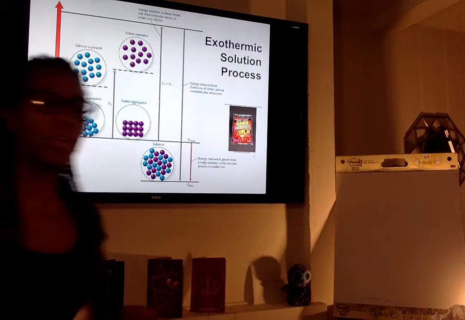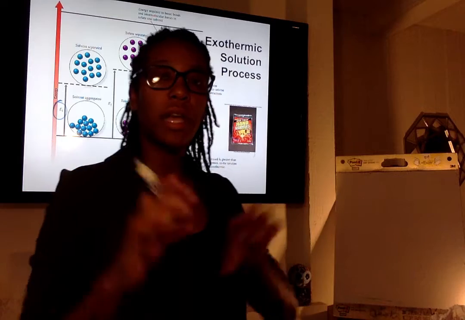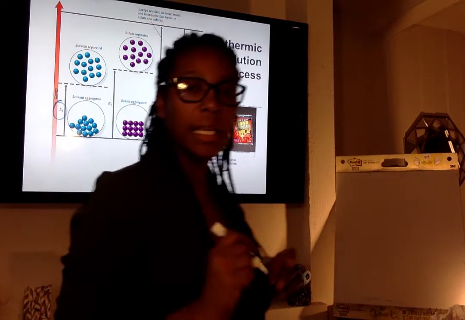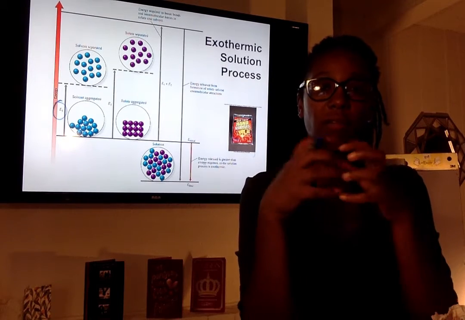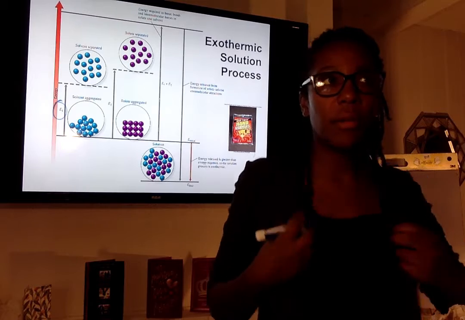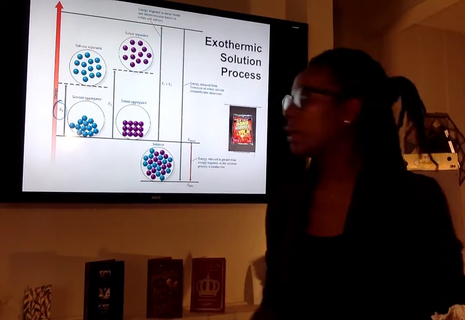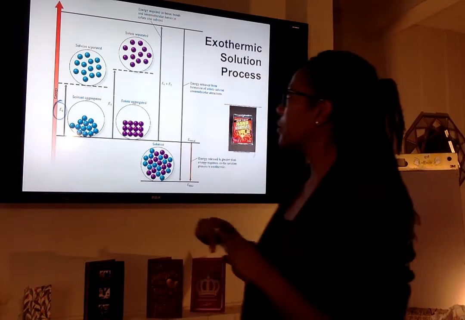And your solvent is what? The water. So how much energy is needed to break those hydrogen-oxygen bonds? That's E1. And then the second energy, because you want to think of everything involved in the solution: all the molecules that are breaking, from the solvent and the solute. The solvent breaks up, that's one energy.